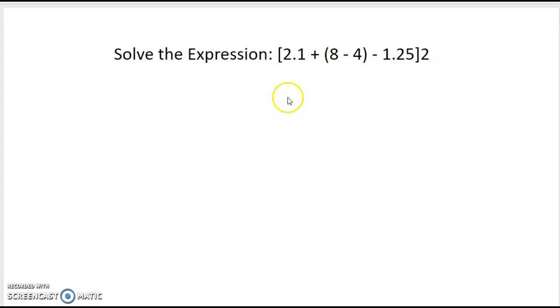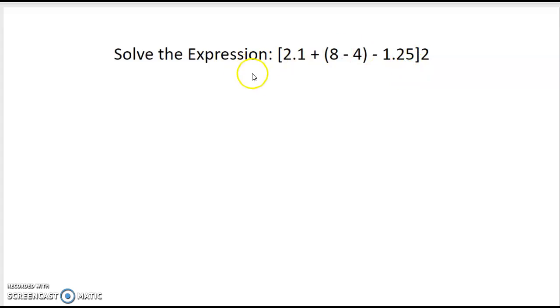Okay, let's take what we have learned today and put it into practice with order of operations. I know that this was a question from our test, which gave a few people some problems because we had forgotten to line up our decimals.